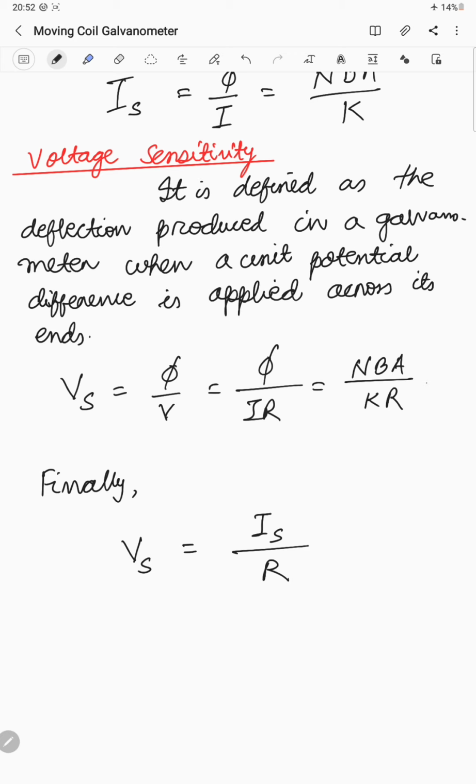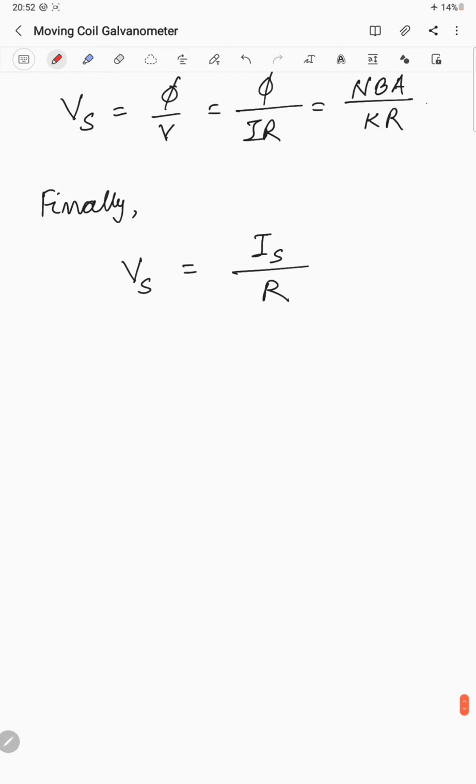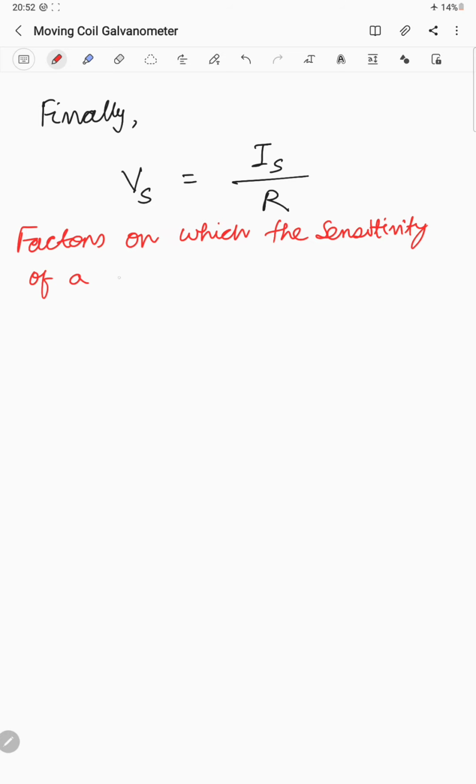So the next thing that comes is the factors on which the sensitivity of a galvanometer depends.